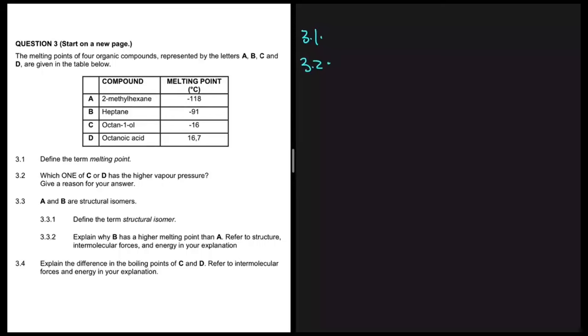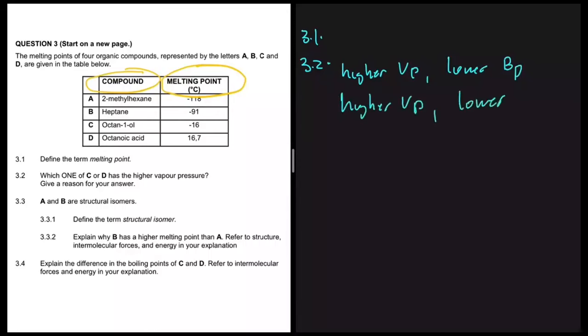So here we are given compounds and their melting point. So for you to be able to answer this question, you need to know the relationship between vapor pressure and melting point. We know fully well that the higher the vapor pressure, the lower the boiling point. The same is true for melting point. The higher the vapor pressure, the lower the melting point.